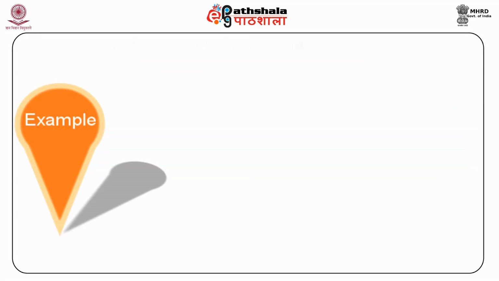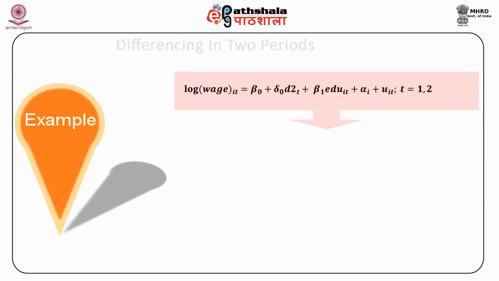Consider a problem of estimating the return to education with 2 years of panel data on individuals. The model for the ith person is log wage_it equal to beta 0 plus delta 0 d2_t plus beta 1 edu_it plus alpha i plus u_it, where t takes the values 1 and 2.